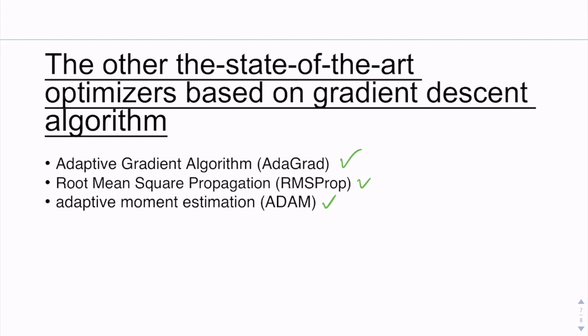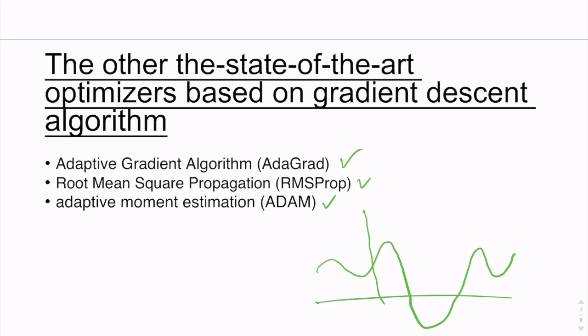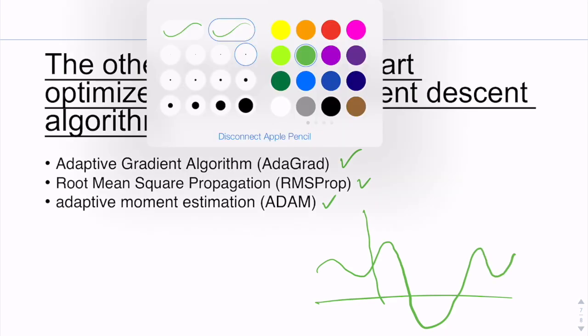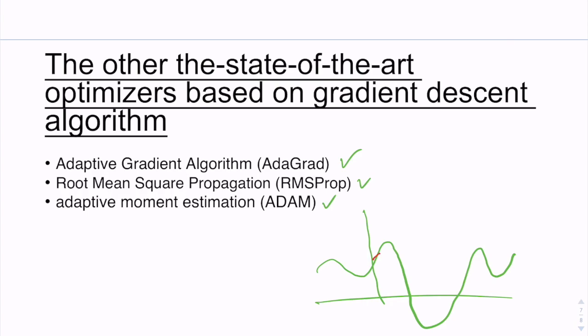So for instance, if you have a curve like this, and you start from different random initializations, let's say from here, and from here, this one will probably take us to this local minimum, this one will take us to the global minimum, and this one takes us to this local minimum. So if you do the random initialization and repeat it a couple of times, we hope that in one case it will go to the global minimum.